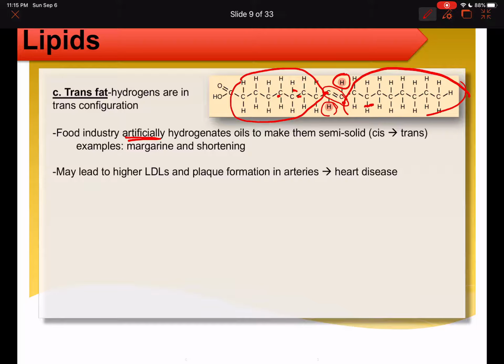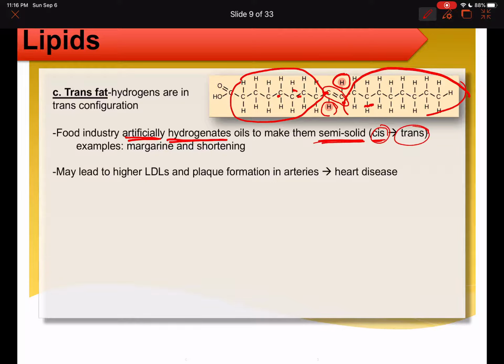They artificially hydrogenate oils to make them semi-solid, because remember we talked about unsaturated fat being usually liquid at room temperature, and saturated fat being usually solid at room temperature. Well, turning that into trans fat is what makes them semi-solid, where we're turning cis fat into trans fat.